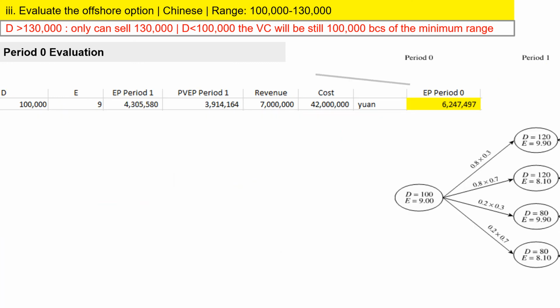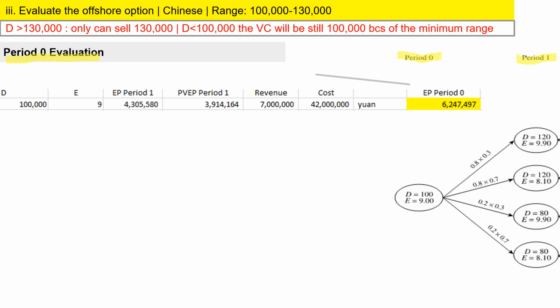And lastly, for the period zero evaluation in the offshore option in China, also like this, the table and the decision tree, the row is only one with the note 100 and the exchange rate is 9. And for the EP period 1 that will be discounted to period 0, the formula is also the same.